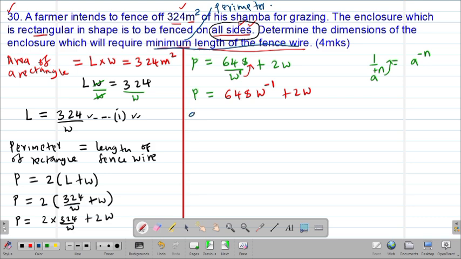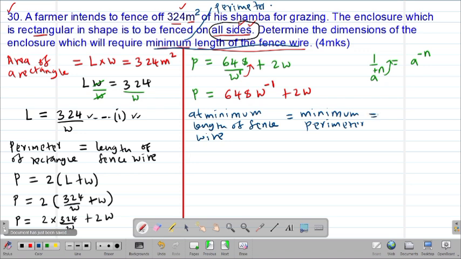Therefore, we'll say that at the minimum length of the fence wire, this is the same as saying at the minimum perimeter, we know that the gradient function in this case, which will be the derivative of the perimeter with respect to w, must be equal to 0.